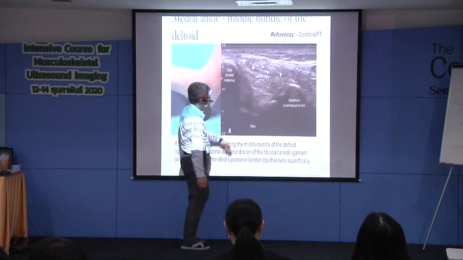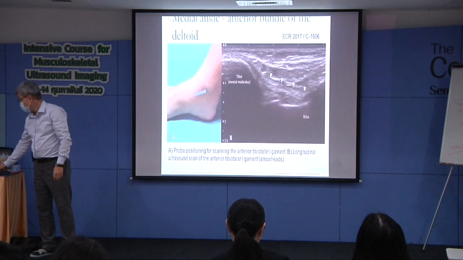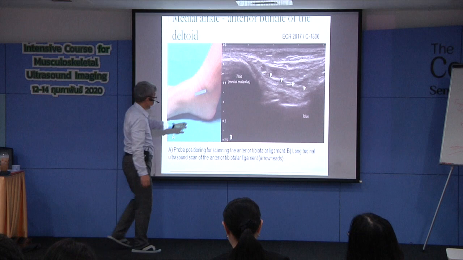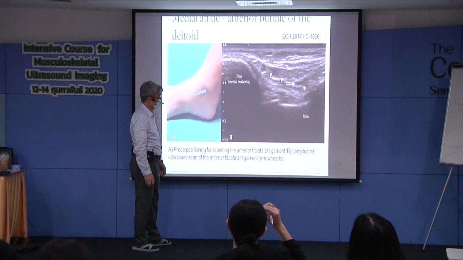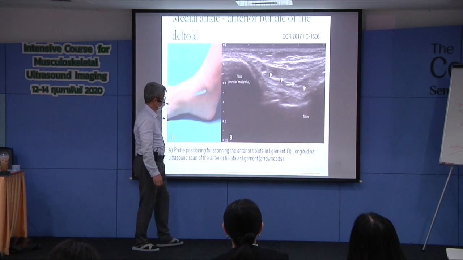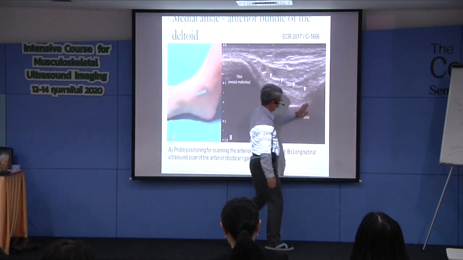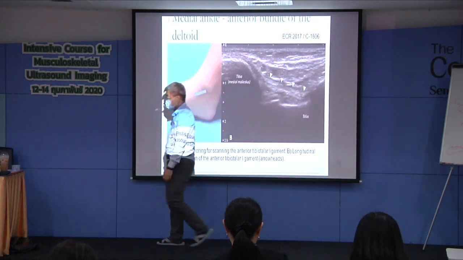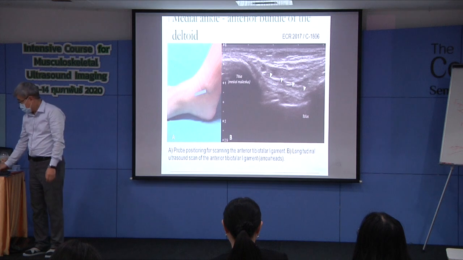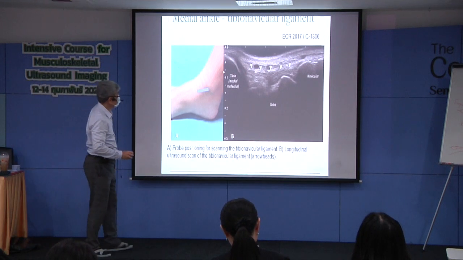And this is the middle bundle of the deltoid ligament. Find the anterior border of the medial malleolus toward the navicular. So you find the talus navicular here, and this is the anterior bundle of the deltoid ligament.